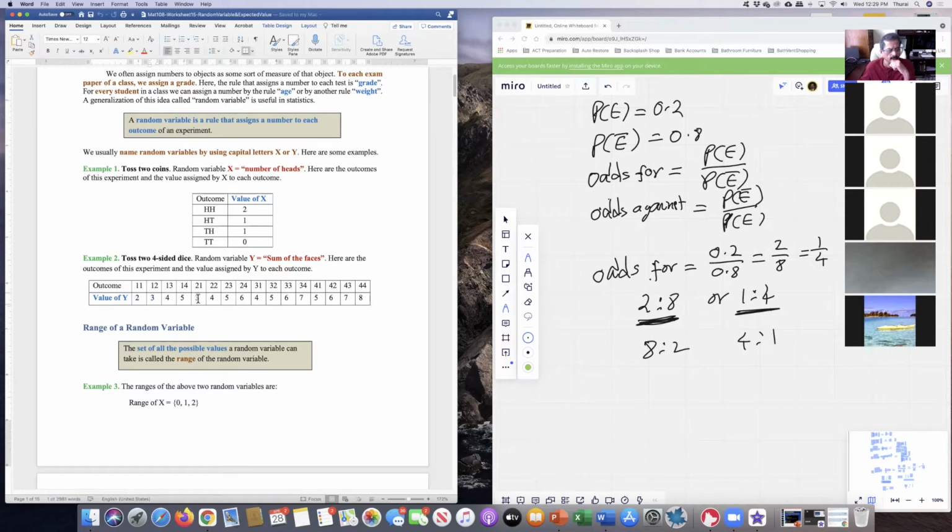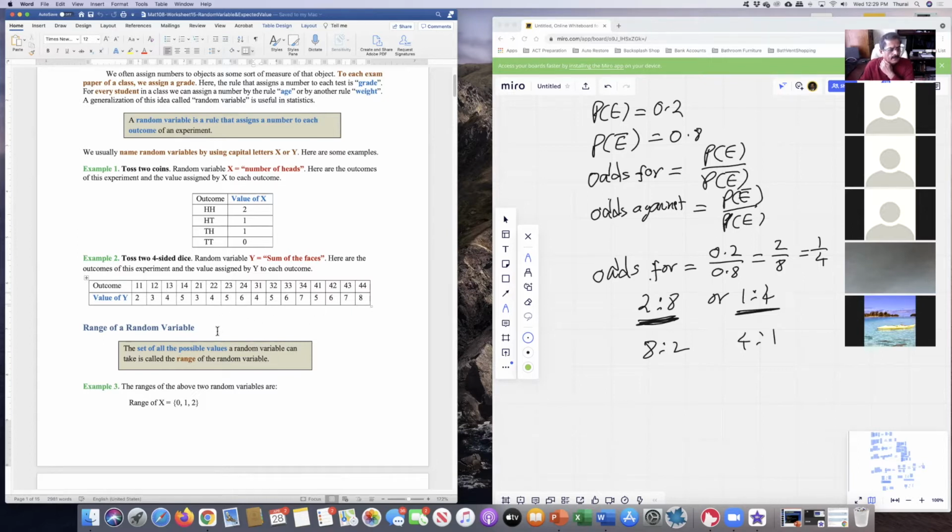There's one, there's another one here. Each value can occur more than once. Value 4 occurs here and here and here, 3 times. The number of times each value occurs is called the frequency of that value. So we'll discuss that on the next page.